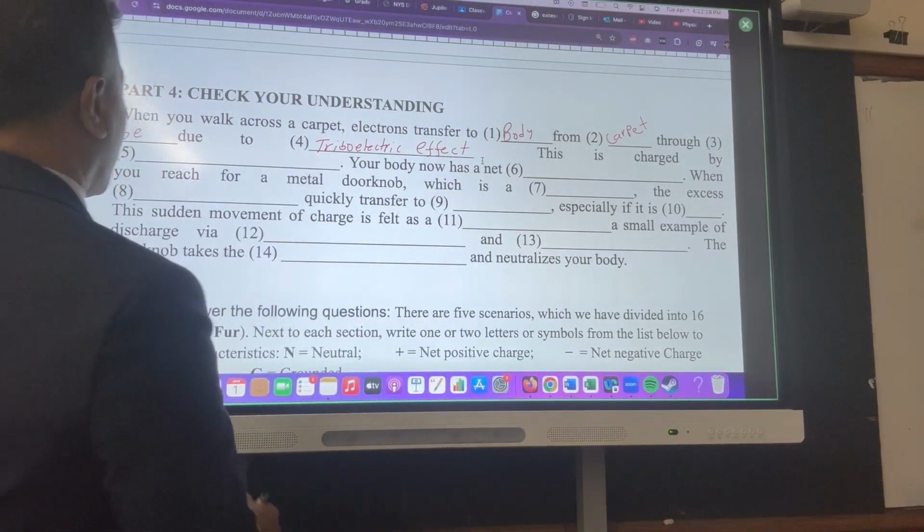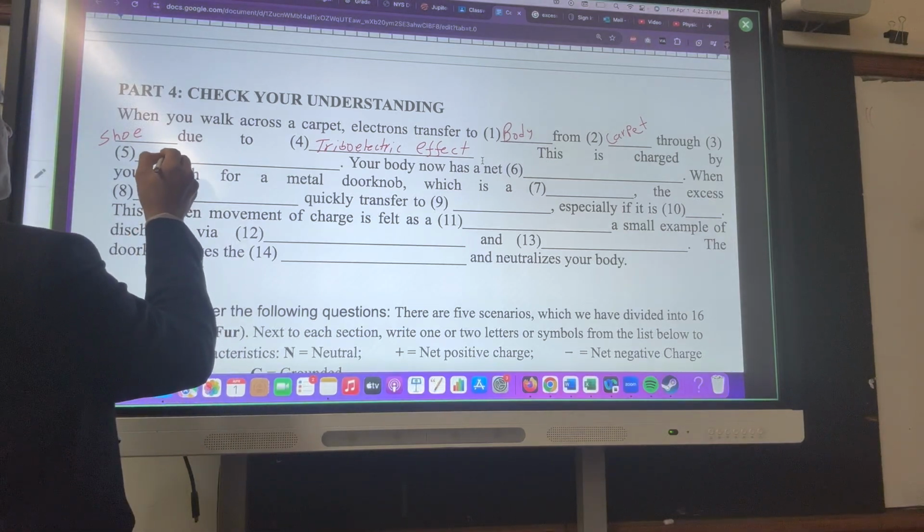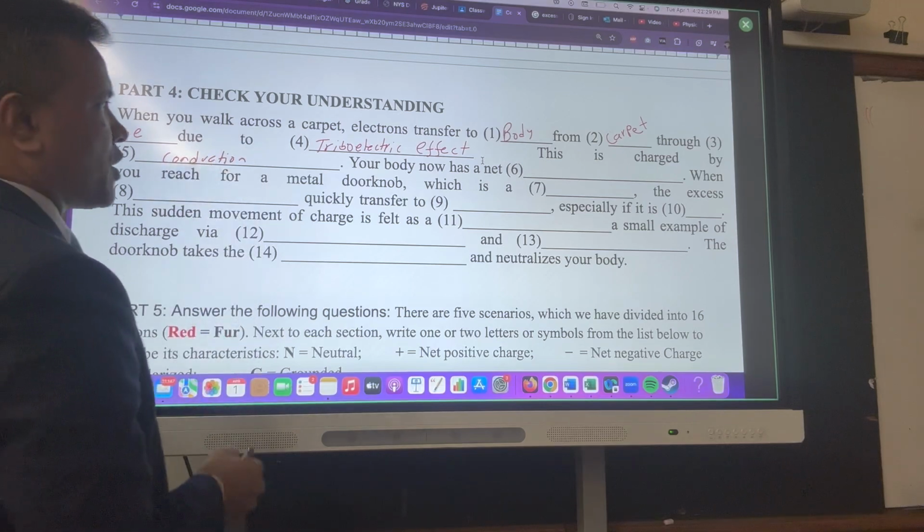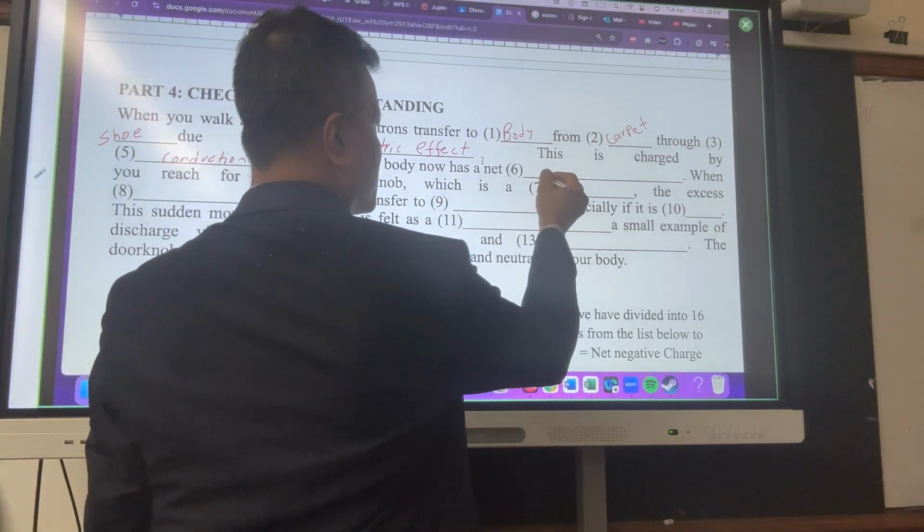This is charged by conduction. Your body now has a net negative charge.